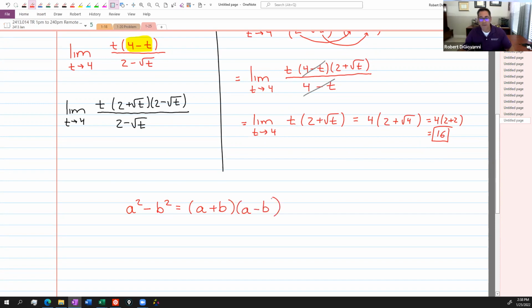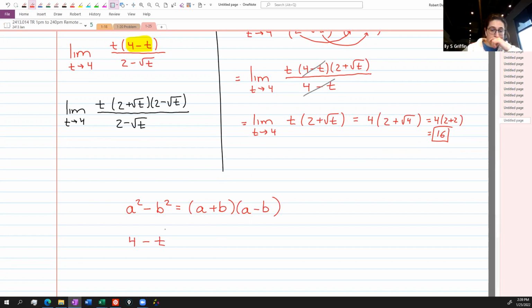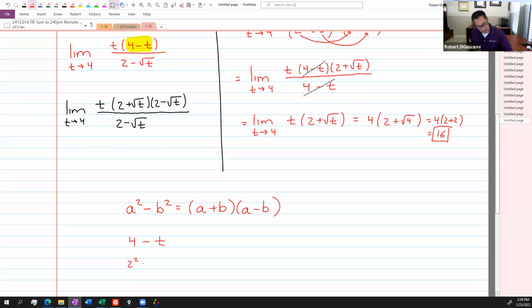You learn that in algebra. So if you look at 4 minus t in an algebra class, we would never look at that as being a difference of squares. But in calculus, you actually can look at that as being 2 squared minus the square root of t squared. I know it's weird, but 4 is 2 squared. And if I take the square root of t and square it, I get t. So it's like, this is my a and this is my b.